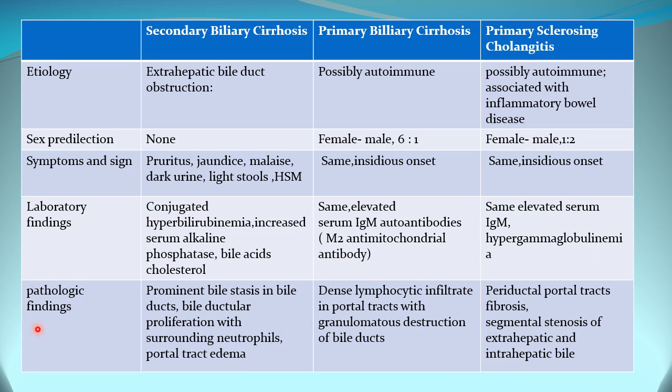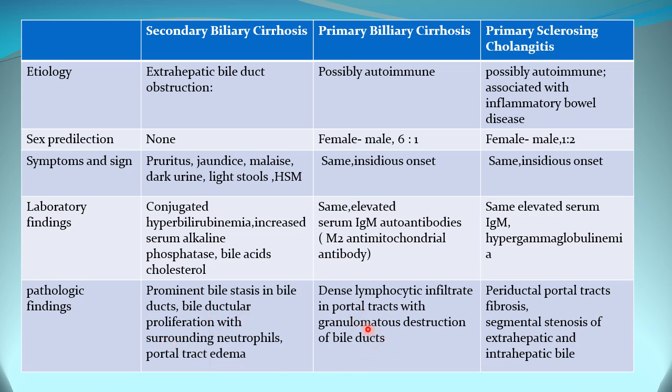What will be the pathological findings? In secondary biliary cirrhosis, there is bile stasis of the bile duct, bile ductular proliferation with surrounding neutrophilic infiltrate and portal tract edema. So what is specific is neutrophilic infiltrate, portal tract edema, and bile ductular proliferation.